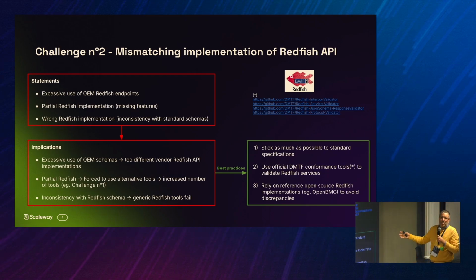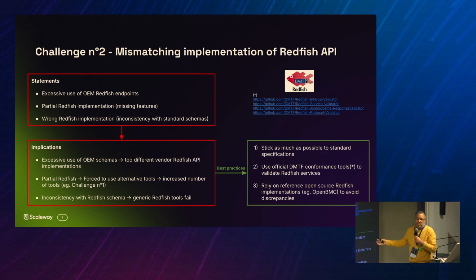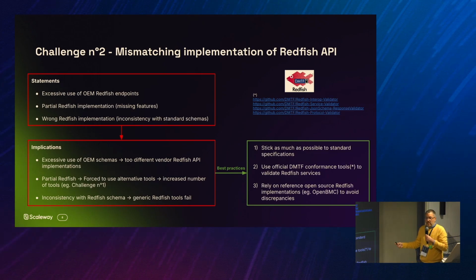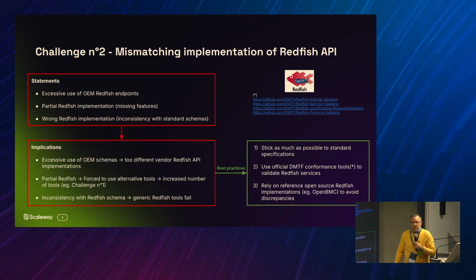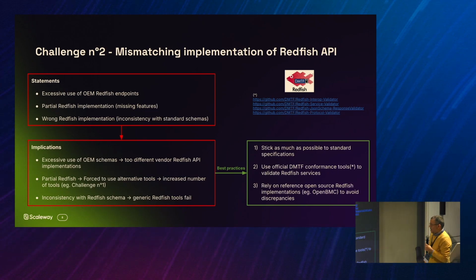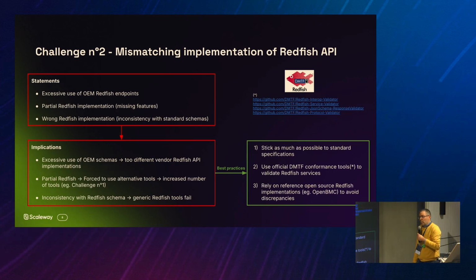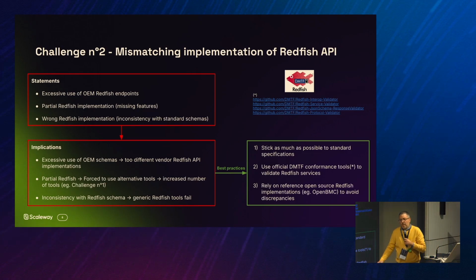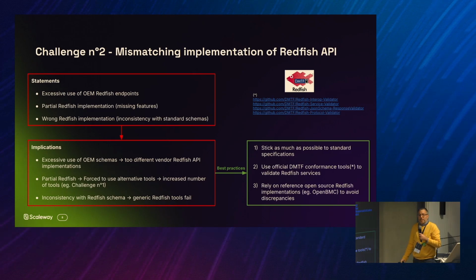We are quite sure many vendors already use this and integrate these tools in their CI/CD, but it should be really done, I mean, systematically done and not only sometimes. One answer to avoid these discrepancies is also to use OpenBMC as a reference implementation of Redfish.